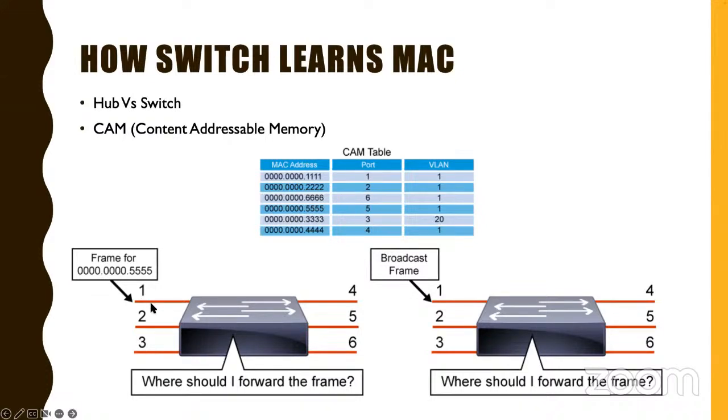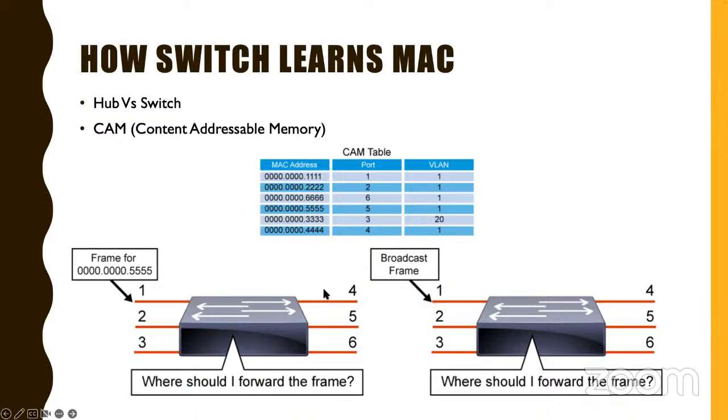So let's say this is a switch. It has 6 different ports. On port 1, it received a frame with a destination of, let's say, a hypothetical MAC address, 5555. So the switch can decide where to forward this frame.